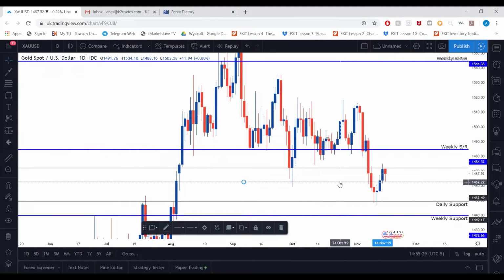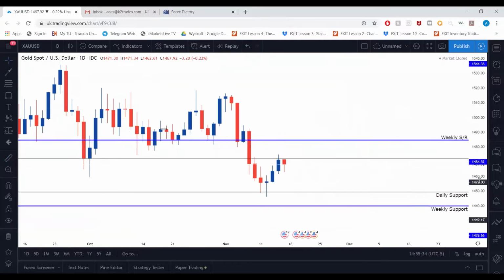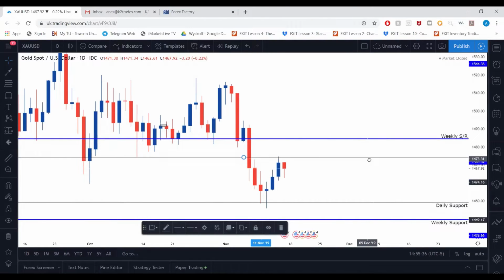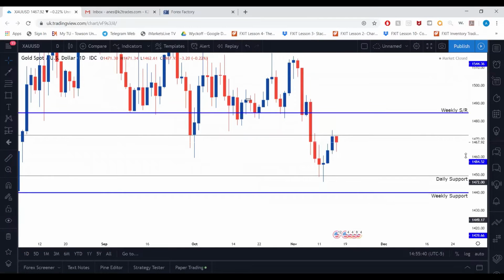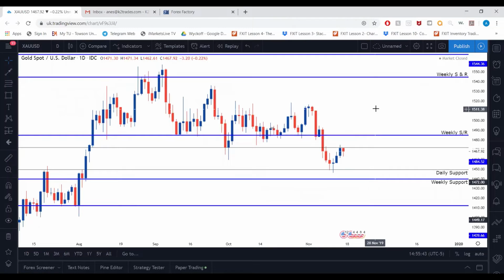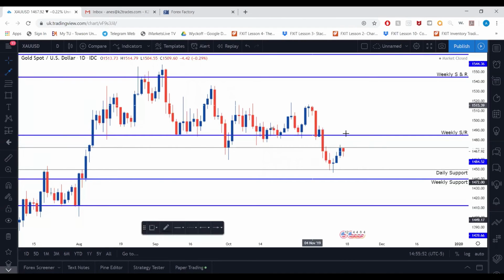So right now, this is probably intraday. This is presenting as an intraday resistance right there, which it did reject. As far as the structure, I would favor a move to the downside. I would like to see this come back to the weekly support, and it's kind of a 1, 2, 3, 4, 5 push.